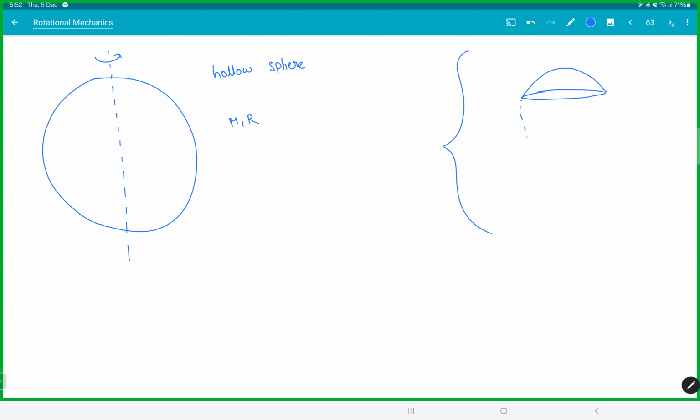They will say this is a part of a sphere like this, and find the moment of inertia of this. If you don't know how to integrate, you will get stuck. You will just know the result for the full one.